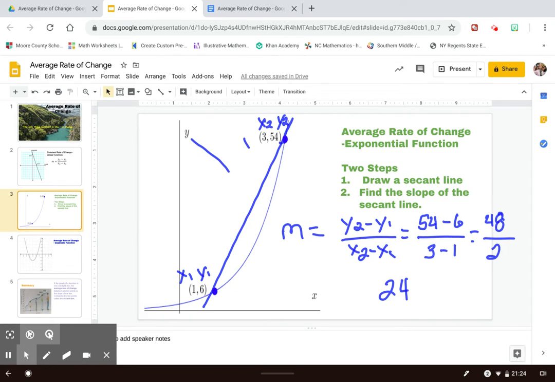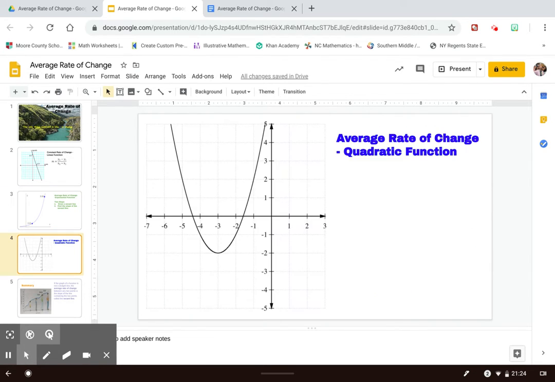Okay, so if I move on to my next example, the next function we learned was the quadratic function. Same thing, we can find an average rate of change for our quadratic function. If I identify 2 points, I'll pick my minimum point here, and I'll pick another point on the curve right up here. My ordered pair here is negative 3, negative 2, so that's going to be x1 and y1.